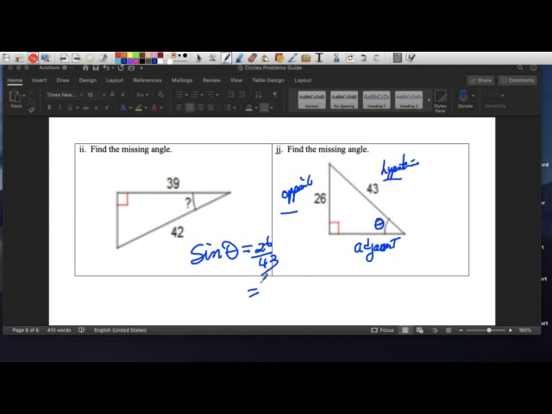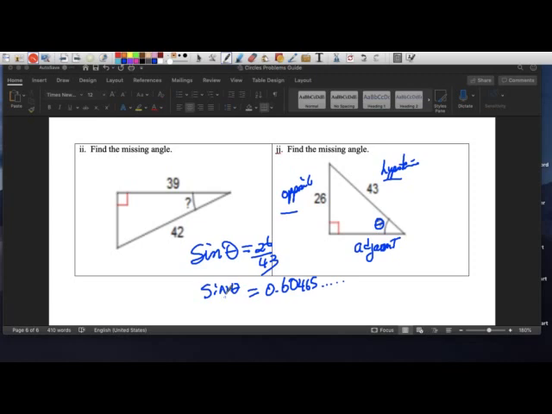Now I know why people like big calculators. It's 0.60465, etc. I'm going to leave that in my calculator. I just changed that fraction to a decimal format.